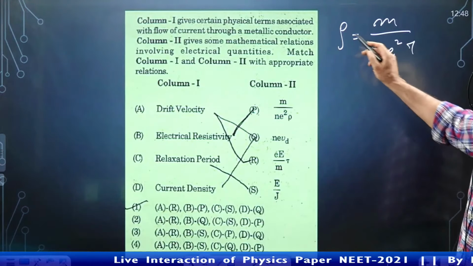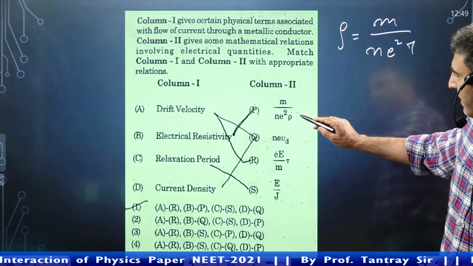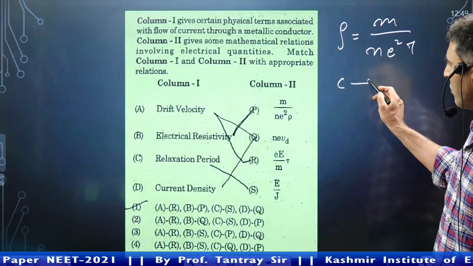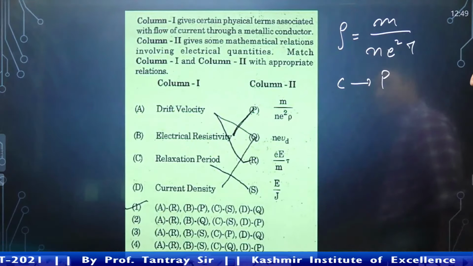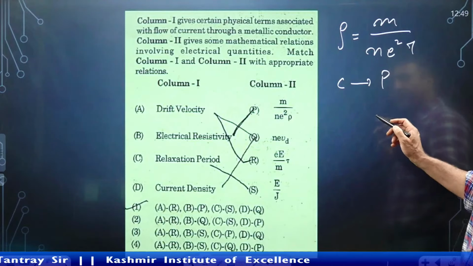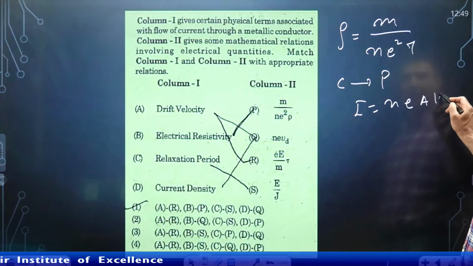But if you put resistivity here, it will become the equation for relaxation time. So relaxation time, C goes to P. And then you have one more equation, that is current, that is nAeVd.